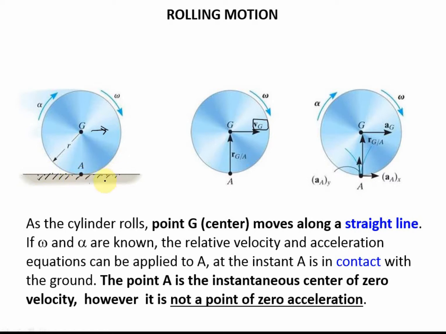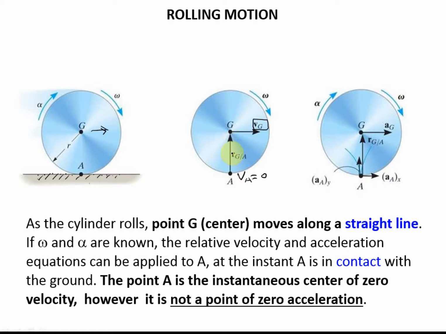At a given time, the wheel has a contact point, so at any instance the wheel shares a contact point with the ground. Since that contact point's velocity is zero, at a given instance the contact point has zero velocity, which means VA must be zero.